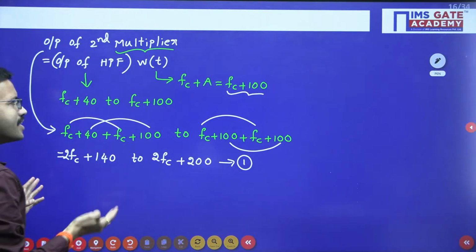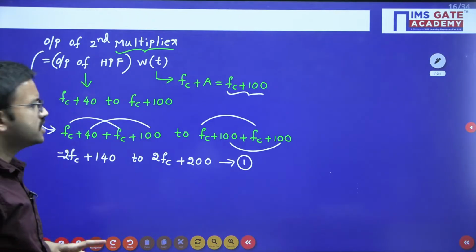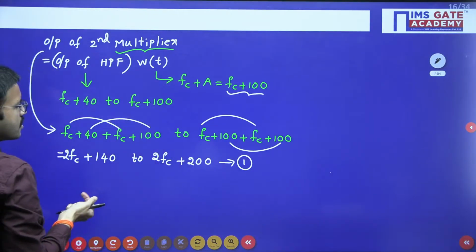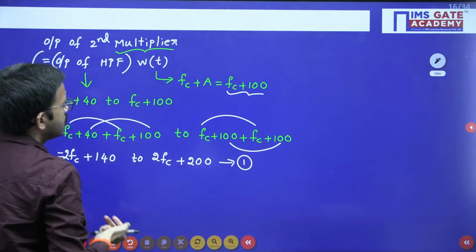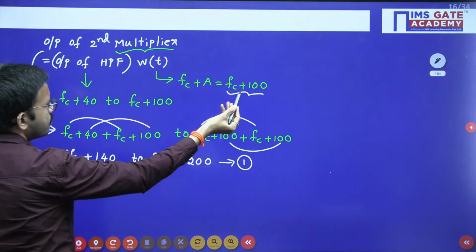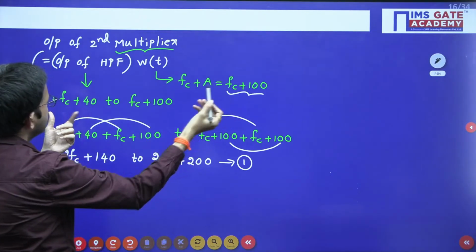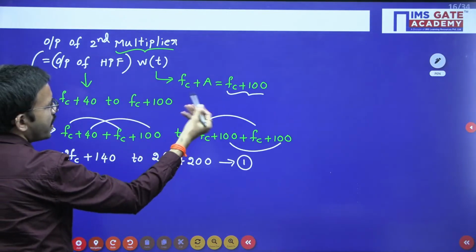Another range of frequencies: we have to perform the difference. The range always represents minimum to maximum. When subtracting Fc plus 40, you get 100 minus 40 is 60, whereas 100 minus 100 is 0.